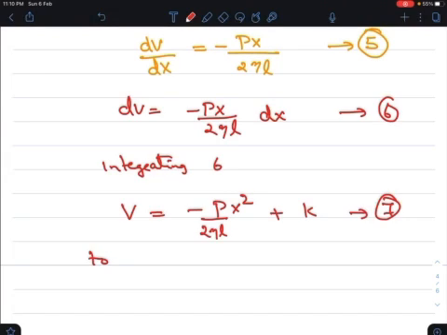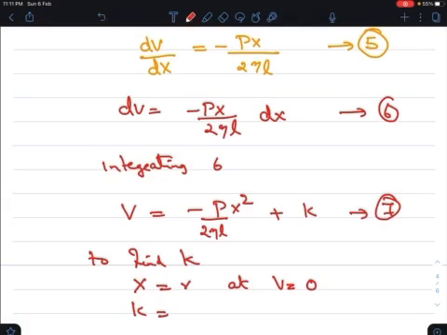To find k, what we do? We put x is equal to r at V is equal to 0. You know the full volume. So what is k equal to? V will be equal to 0, no? So put x is equal to r.